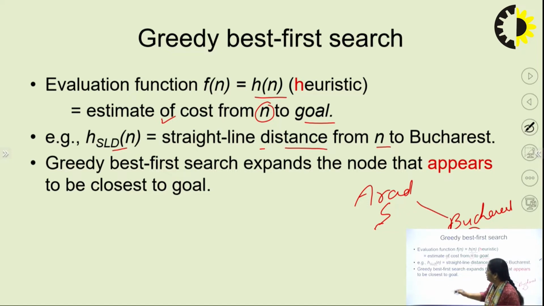Greedy best first search expands the node that appears to be closest to the goal. We are greedy in expanding that particular node which is seemingly closer than the others towards the goal. That is our greedy best first search.